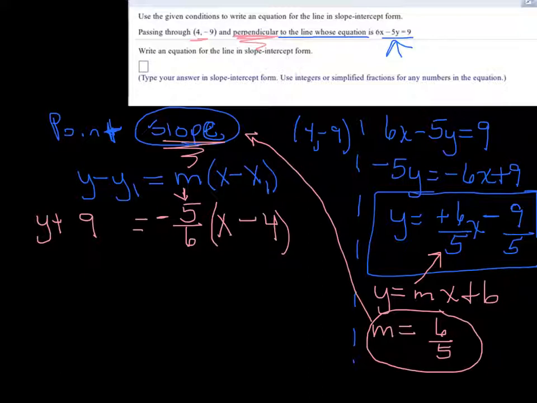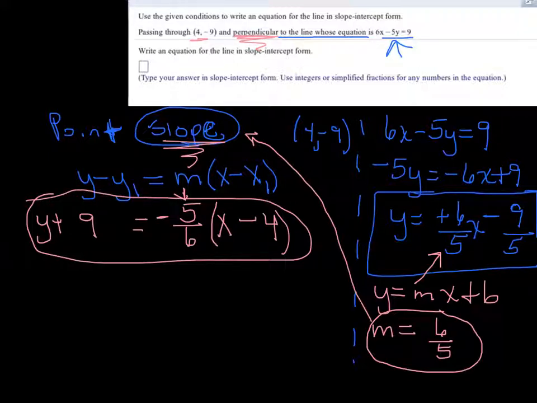Once you have this format, you can solve this equation for y, and you will have put it in slope-intercept form. But I think the thing that was really giving you guys pause was determining the slope of the line we're trying to write an equation for, and the key information was the fact that it was perpendicular to the line given. So you needed to know that the slopes of perpendicular lines are the negative reciprocals of each other.